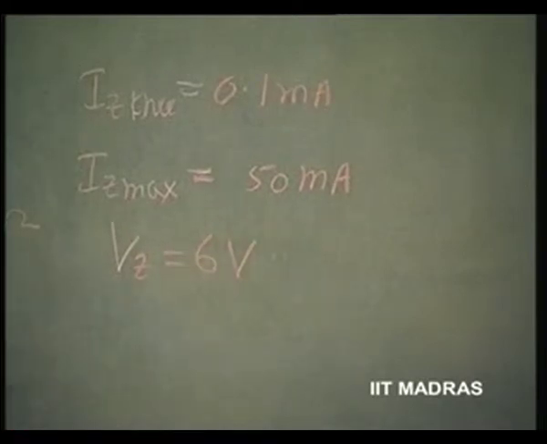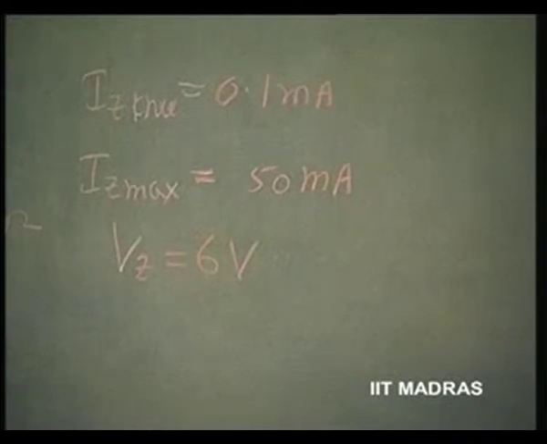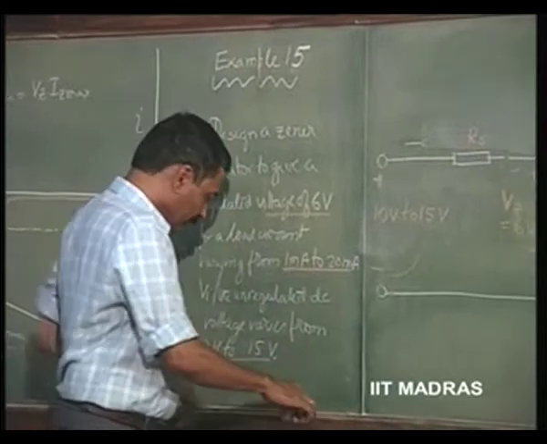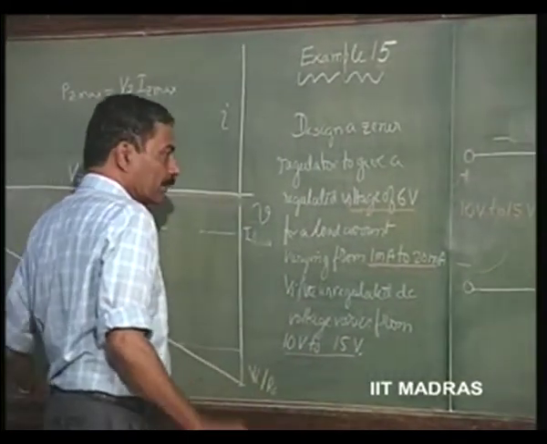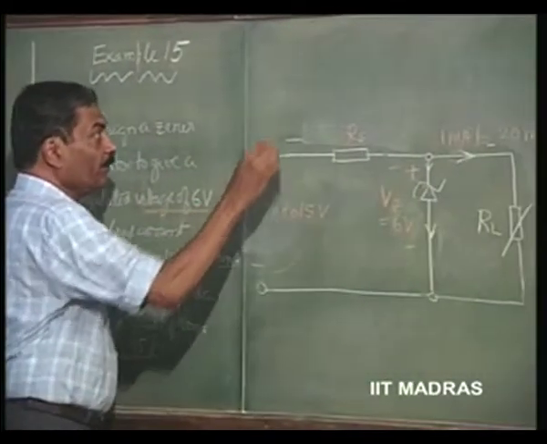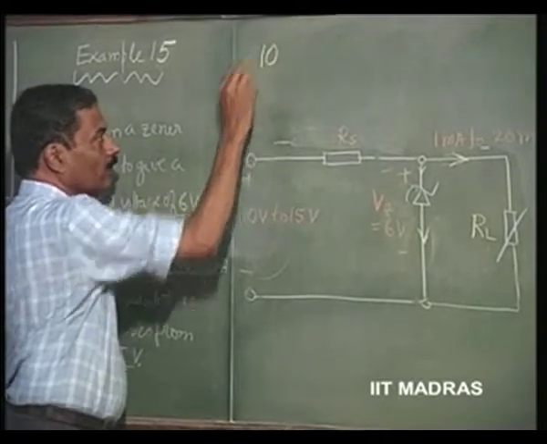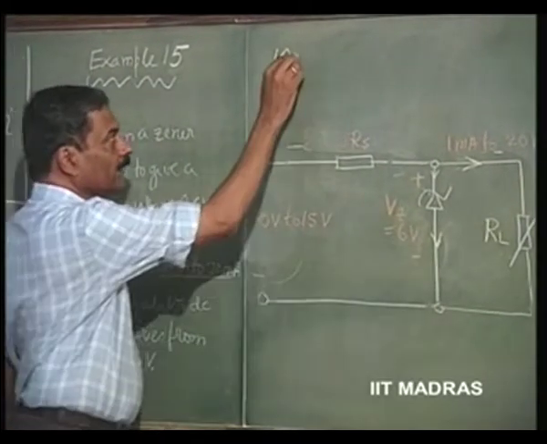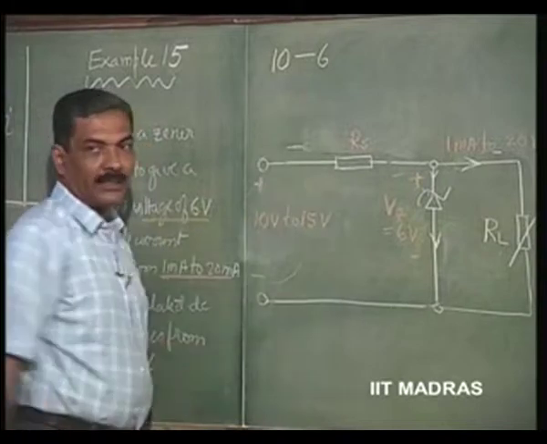So, how do we do the design? Let us consider when the input is 10 volts, what should happen? Let us say input is 10 volts, the Zener is breaking down at 6 volts.